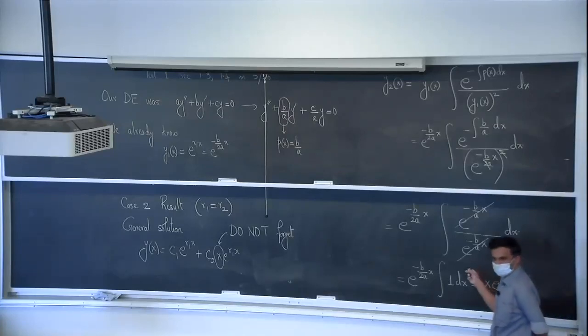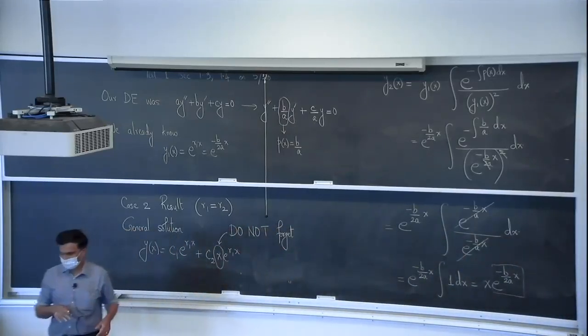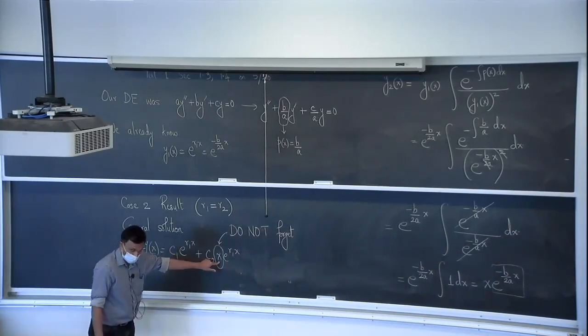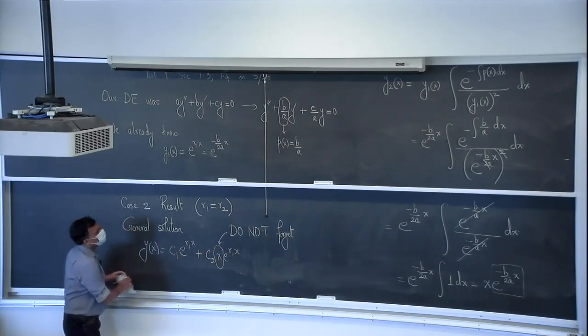Any questions about this? So this is slightly trickier than case 1. As long as you don't forget this extra x, you're not dealing with anything too complicated, but this is the key thing. All right, let's do an example.